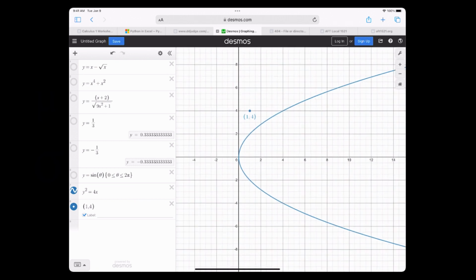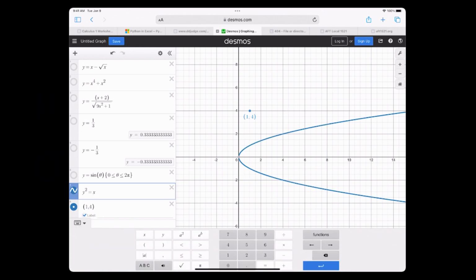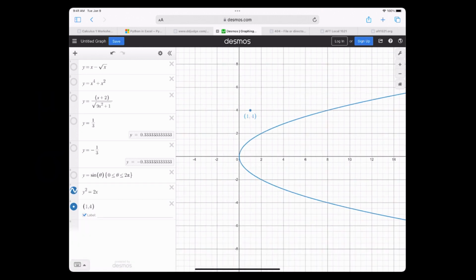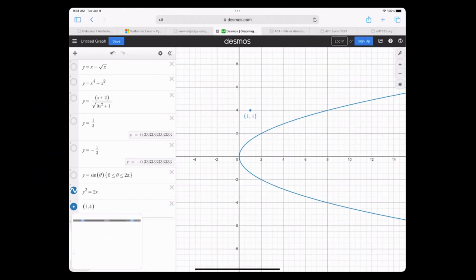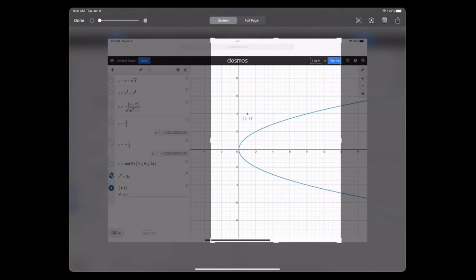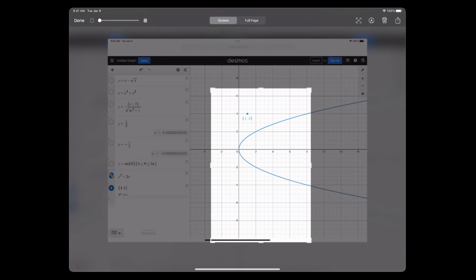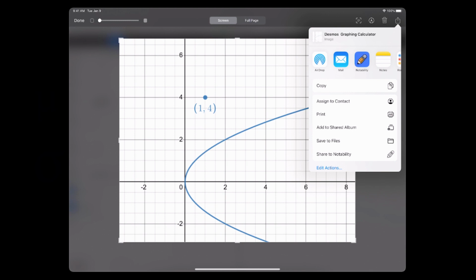I'm going to bring this in. Did I put 2x? Okay, thank you. All right. So let's get another picture. And let's bring this in.